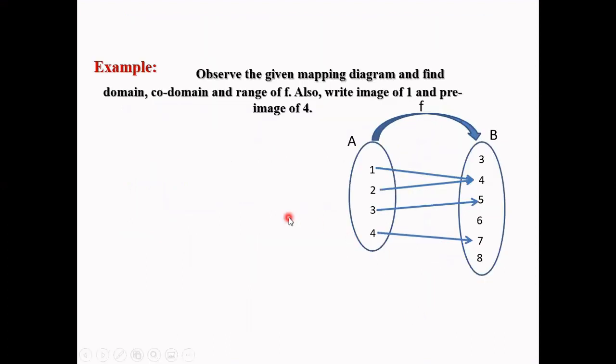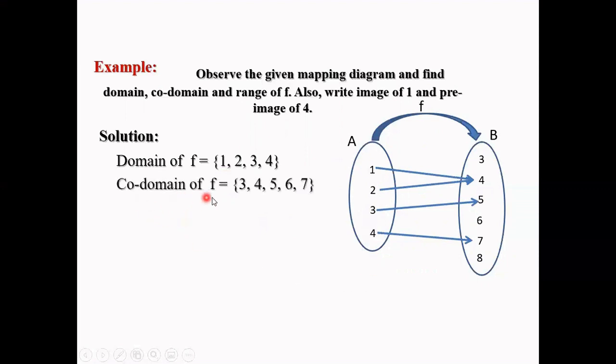Let's see one more example. Observe the given mapping diagram and find domain, codomain and range of f. Also write image of 1 and pre-image of 4. Here, domain of f is the set of all the pre-images, that is the set with the elements 1, 2, 3, 4. Codomain of f is set B itself.